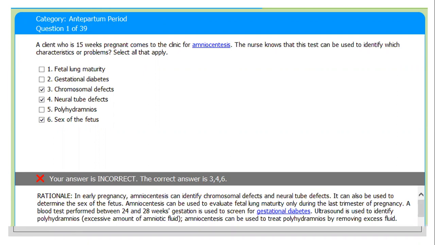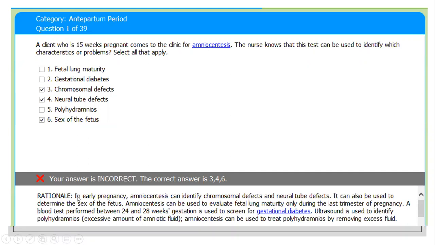Neural tube defect is a congenital abnormality. Determining the sex of the fetus is not a congenital defect, but we can also do this by amniocentesis. Sex of the fetus we usually determine by ultrasound, so we do not need amniocentesis because amniocentesis has some side effects.